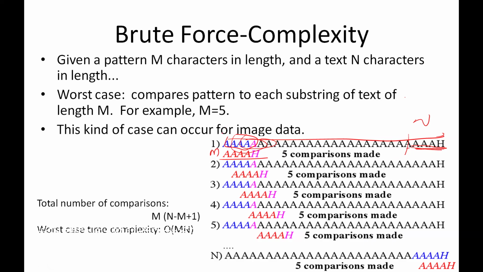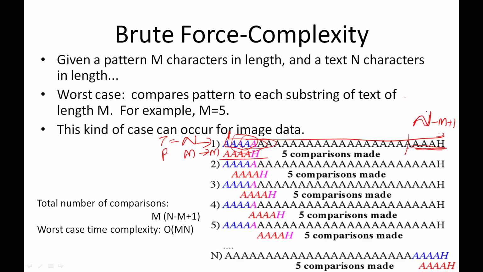So how many substrings will be checked? Suppose the text has n characters and the pattern has m characters. This is the text and this is the pattern. The number of substrings to match, from position 1 to the last character, will be n minus m plus 1.